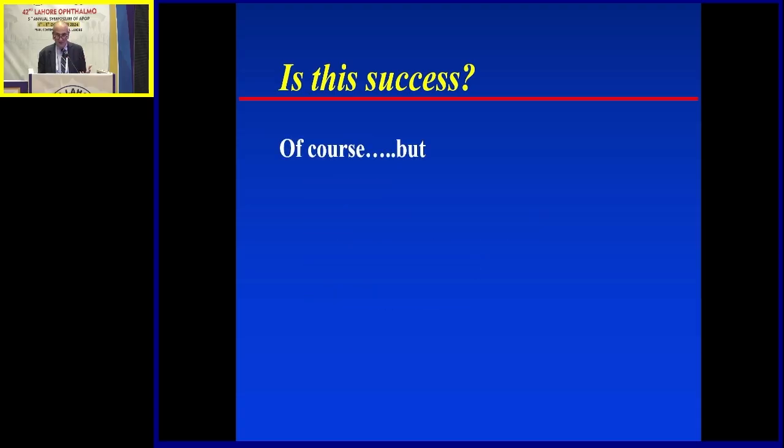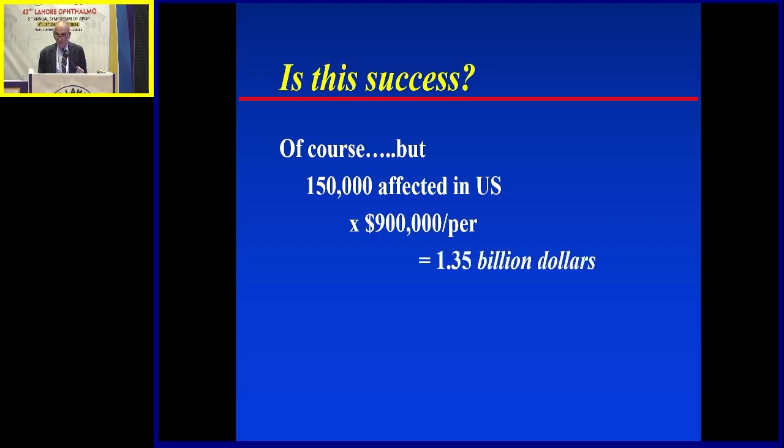Of course it's exciting, but here's the problem. There's 150,000 people in the United States alone affected with retinal dystrophies. If it cost $900,000 per patient to treat each of those patients, that's $1.35 billion U.S. It's just not sustainable.